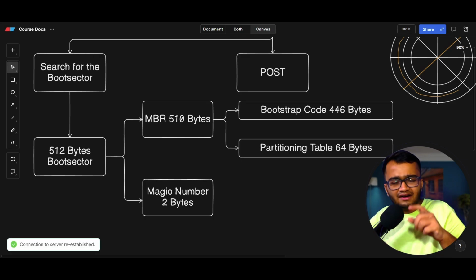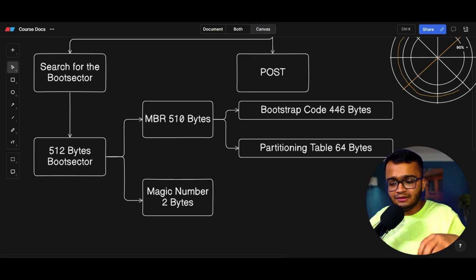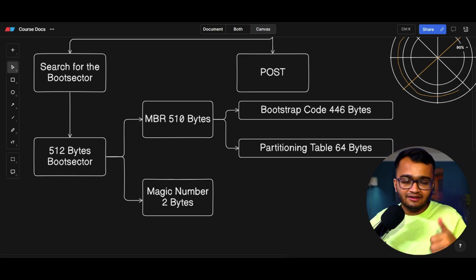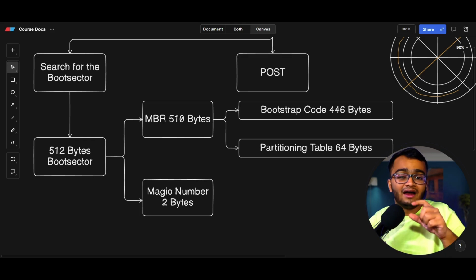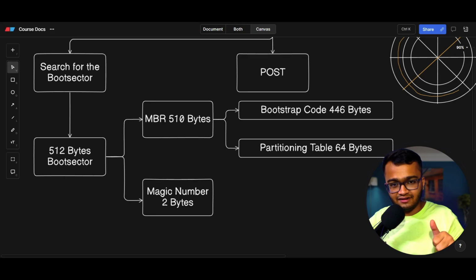Now the partitioning table also consists of information about how your hard disk is actually partitioned. If you go to This PC on your system, or in case you are using an Ubuntu system, you can go to your computer. There you can see many hard disk drives displayed. That is nothing but the partitions made on your hard disk drive. For example, the C drive, the D drive, the E drive.